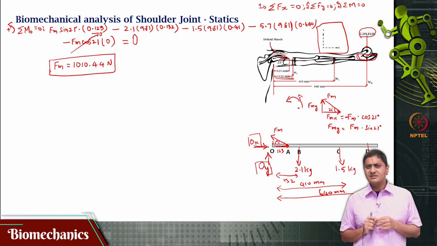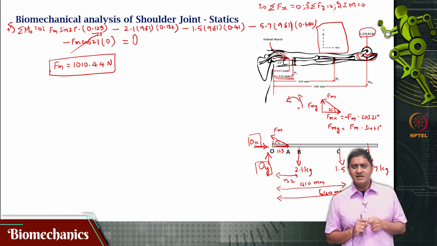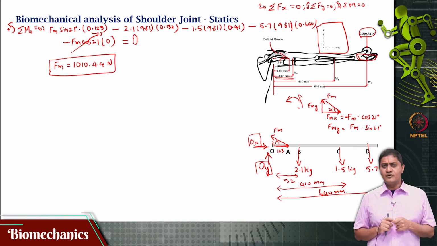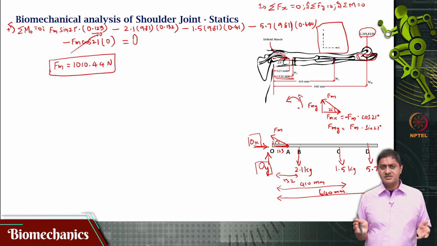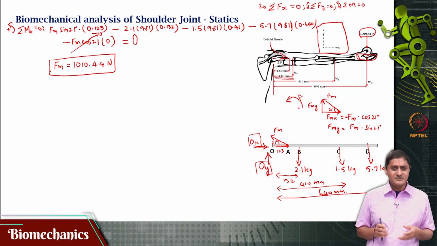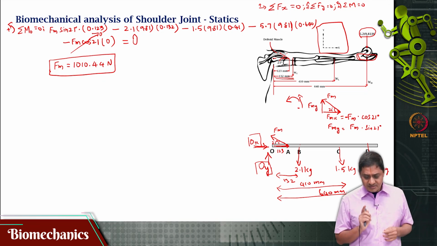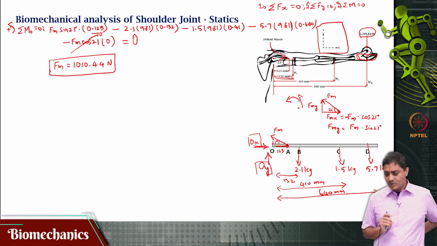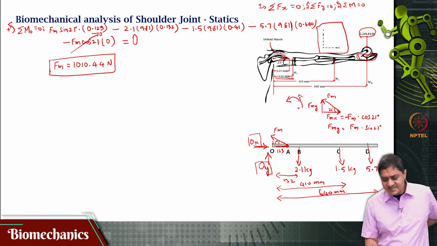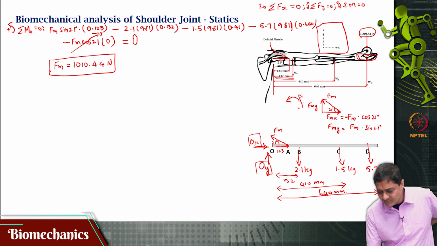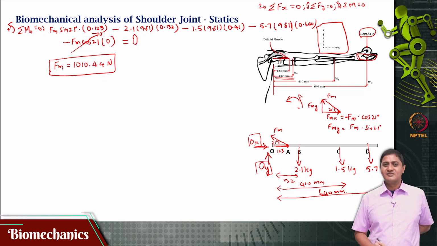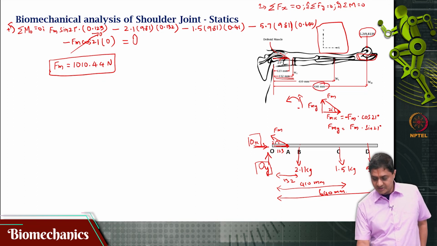Why does the muscle have to produce a force that is 10 times the weight of the entire arm? That does not make much sense. Why is this? Because there are several things at play here. One is, the muscle is attaching at a small moment arm, whereas the external load is acting at a very large moment arm.